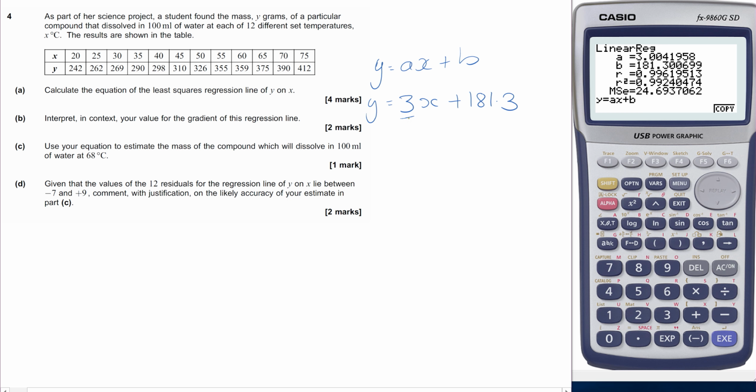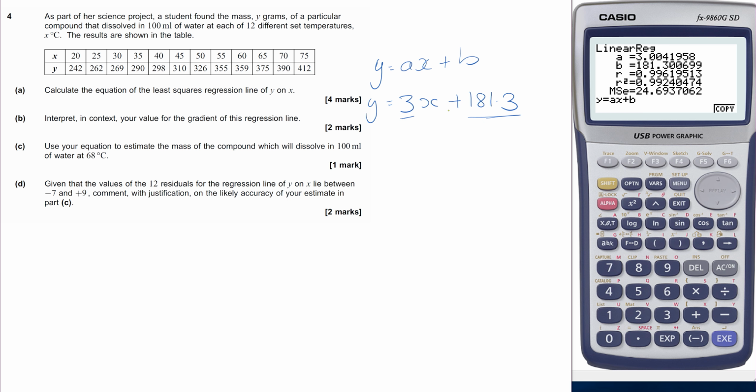Okay, so that's my A term and my B term. So that gives me my equation of a straight line that links what's the context here? The mass of a compound dissolved in 100 millilitres of water at different temperatures.